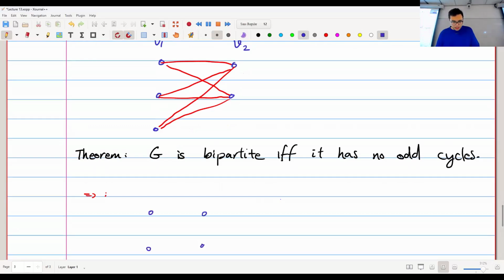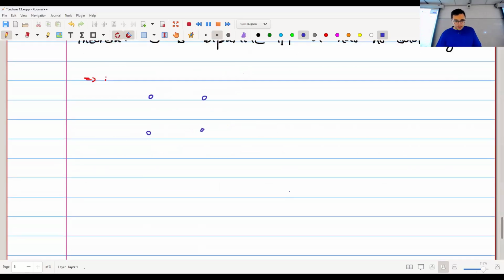And let's say I start at a vertex in V1. When I take one edge, I will go to a vertex in V2, because we said that all of the edges go between the two sides. So if I have some vertex X in V1, and I start at X and take one edge, I will be in V2.